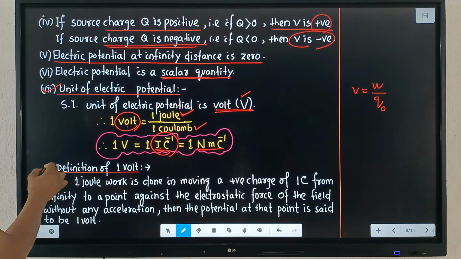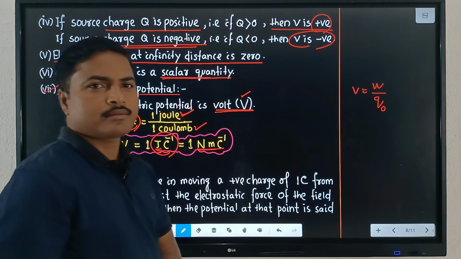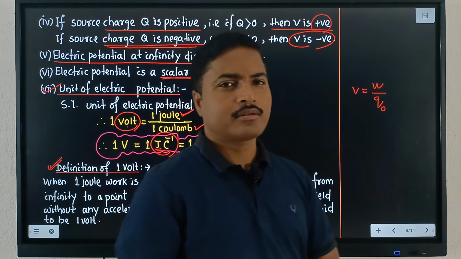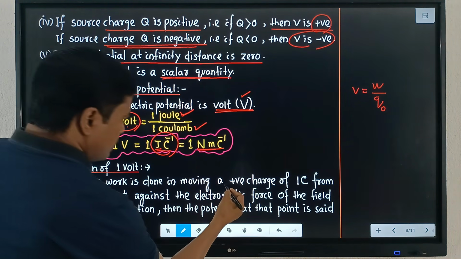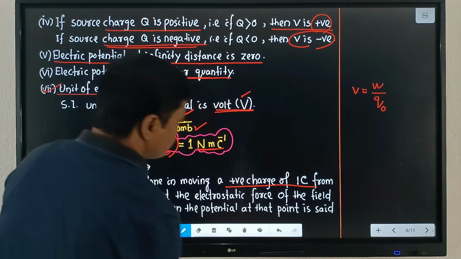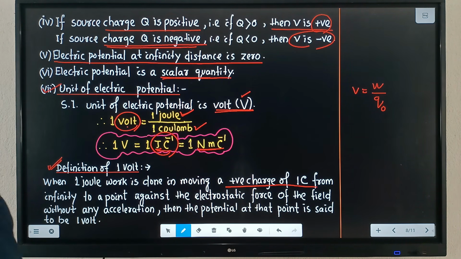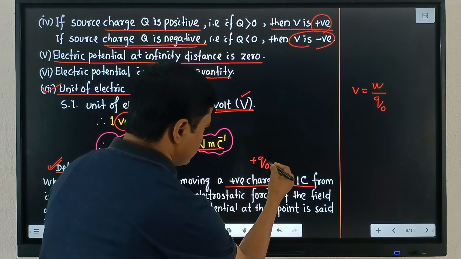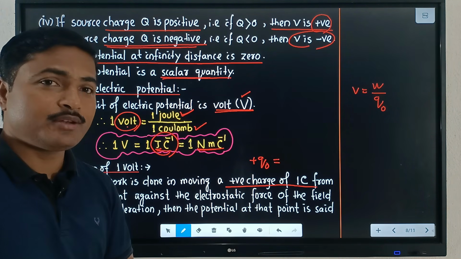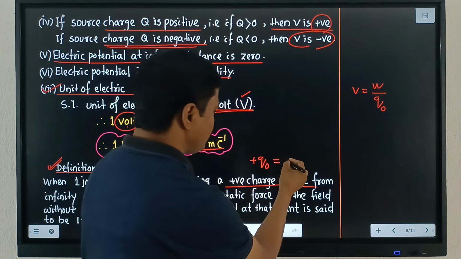Then what is the definition of the volt? What is the definition of 1 volt? Here we take a unit positive charge, that is plus Q0, and the magnitude of the unit positive test charge is 1 coulomb.